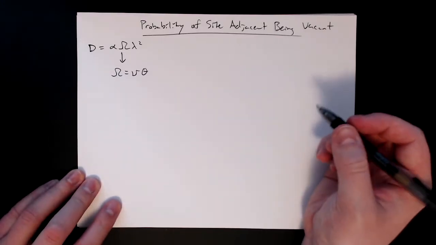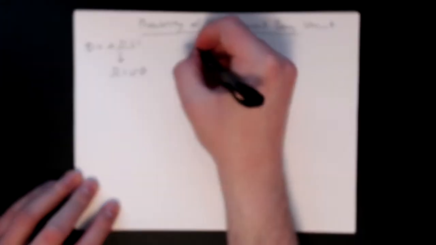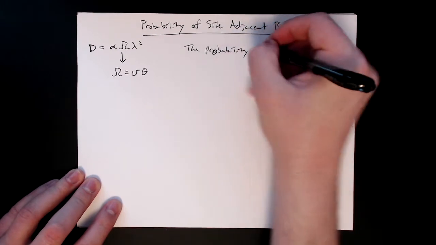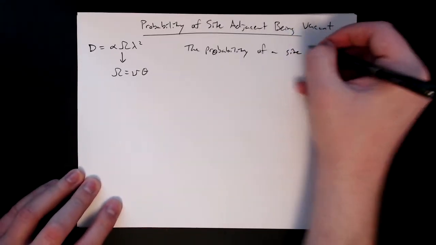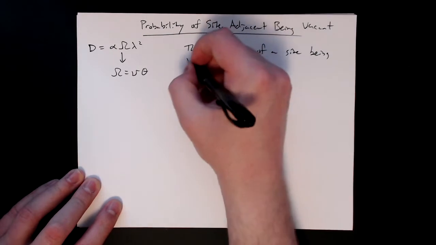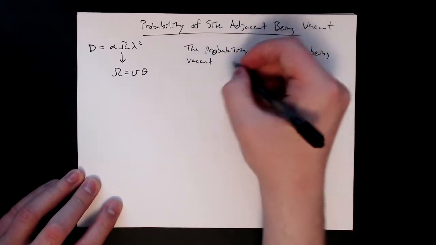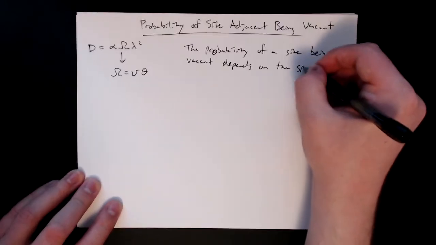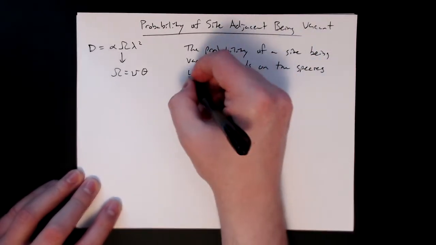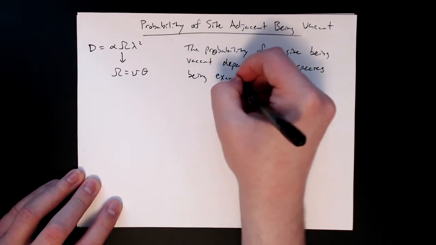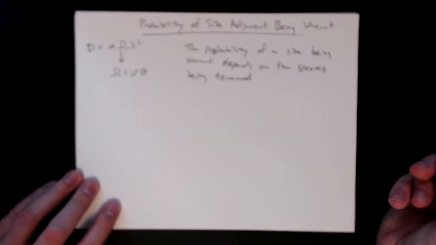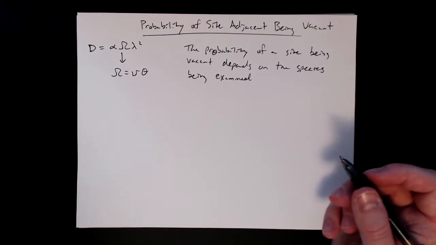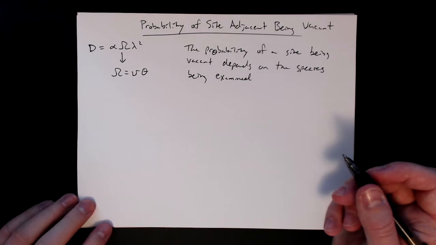All right. So the probability of a site being vacant depends on the species that we're looking at. In this way, we want to define what type of diffusivity or diffusion we're actually looking at, right?